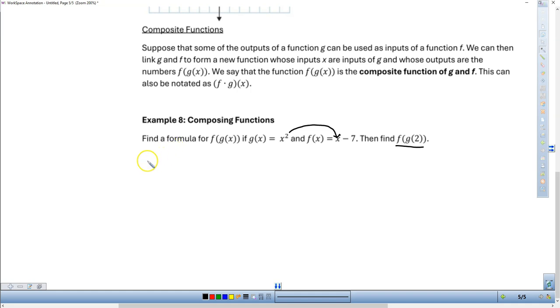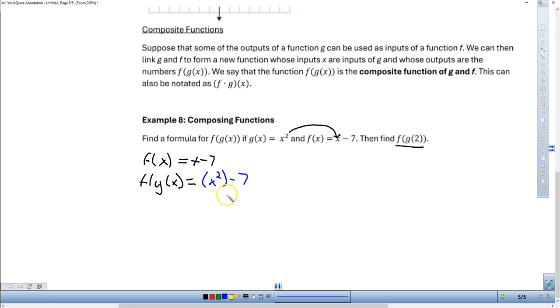So f of x, the function that we want to use, remember, is x minus 7. When I plug in g of x, this changes into x squared minus 7.